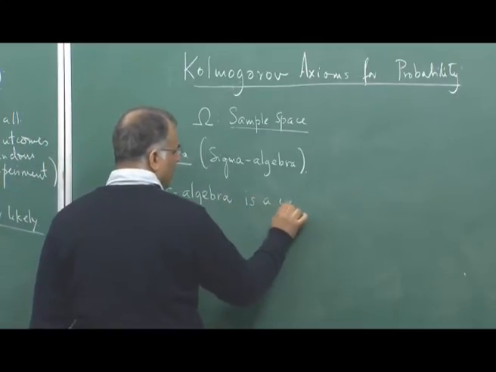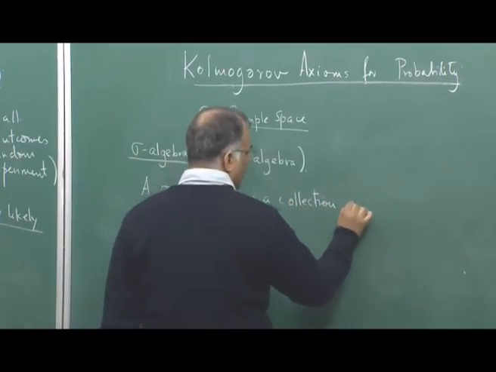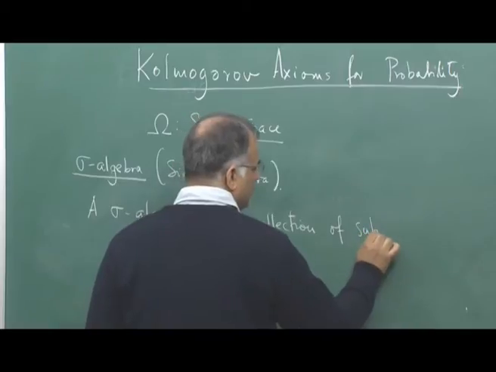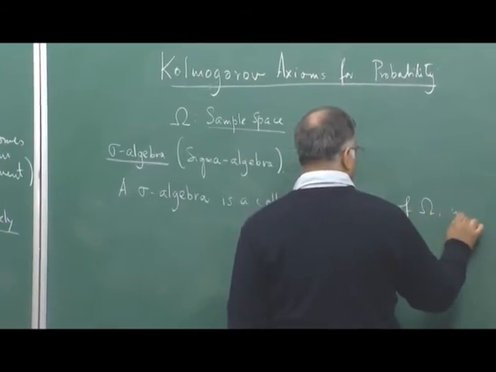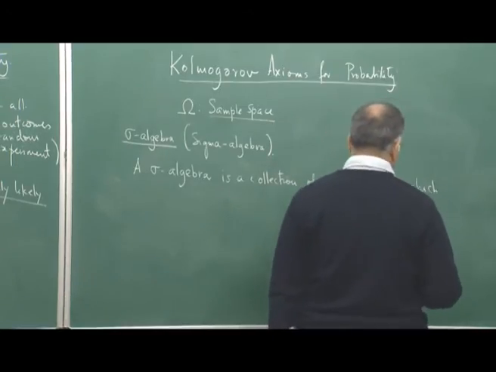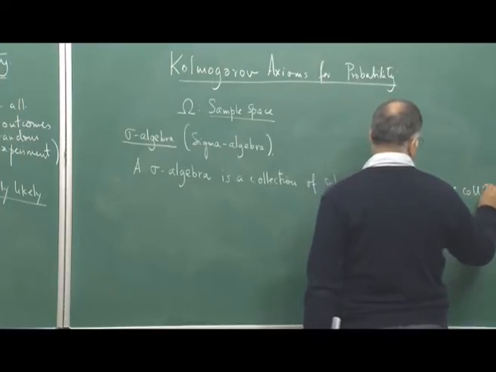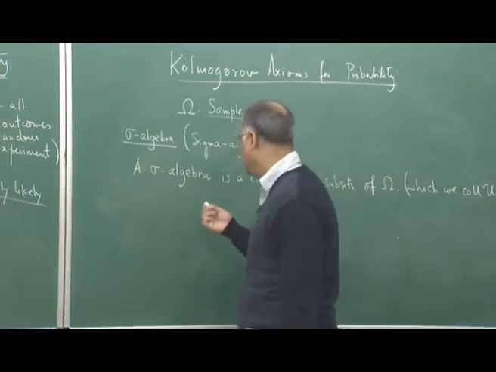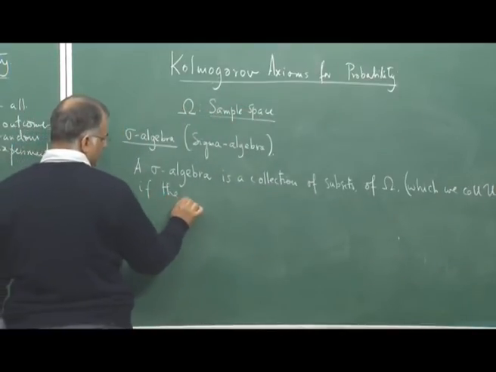So, a sigma algebra is a collection of subsets of omega, which we call U, if the following properties hold.